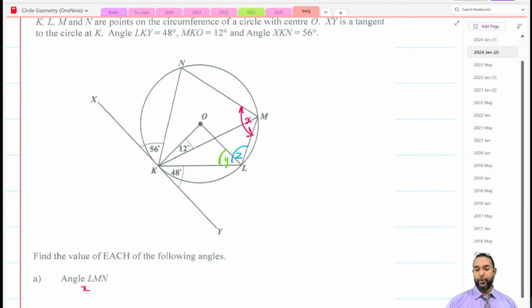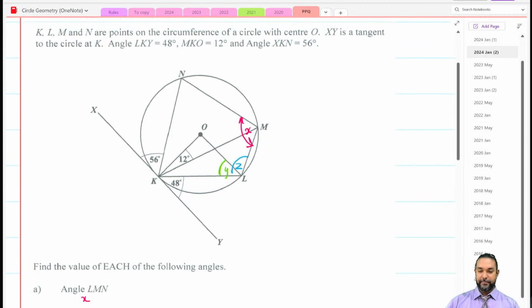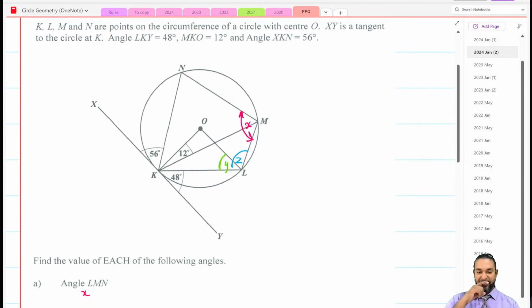All right. Okay. So hold on. Let me start from a different place here. Right. So we have those three angles. Let me have a think here.